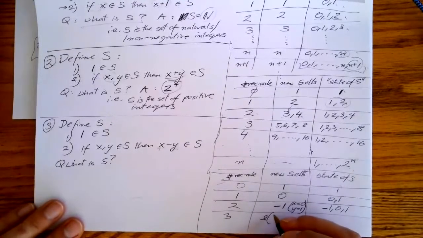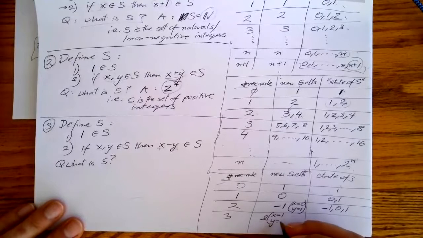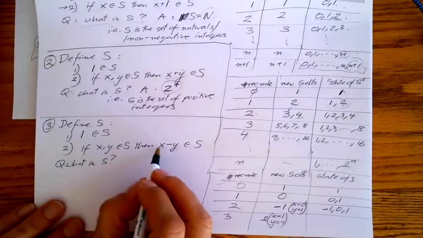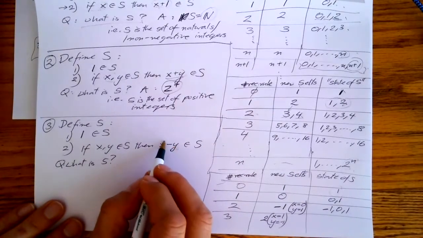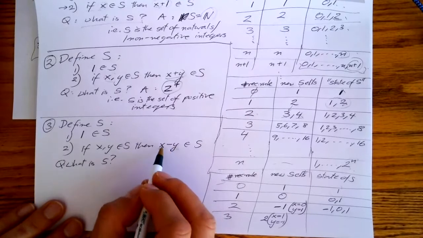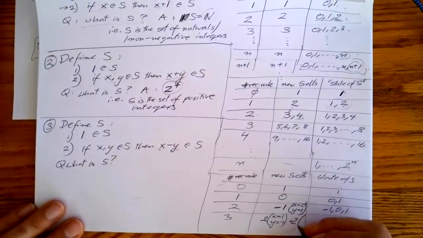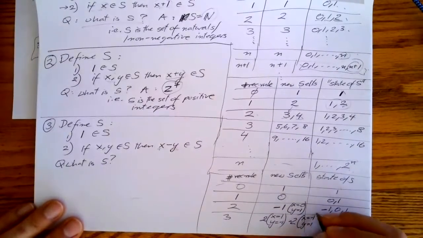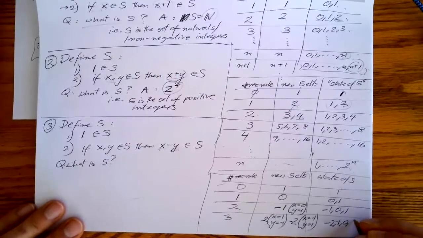That was for maximum x and minimum y. Let's switch: make x minimum and y maximum. So x is -1 and y is 1, giving -1 minus 1, which is -2. So the set seems to be like this.